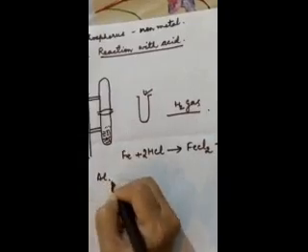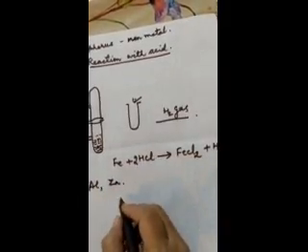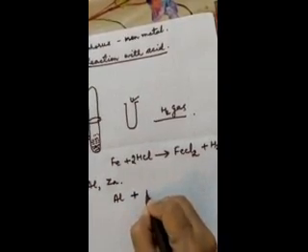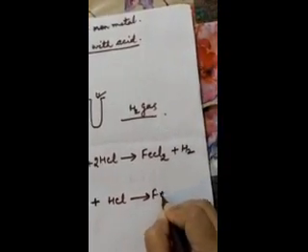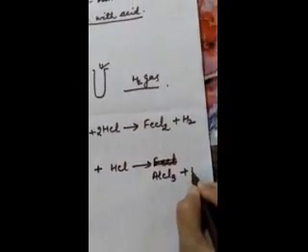This activity can be repeated by taking aluminium, you can take zinc, and the same activity is repeated. How the aluminium reacts with hydrochloric acid: again hydrogen gas is liberated, aluminium chloride along with hydrogen gas.